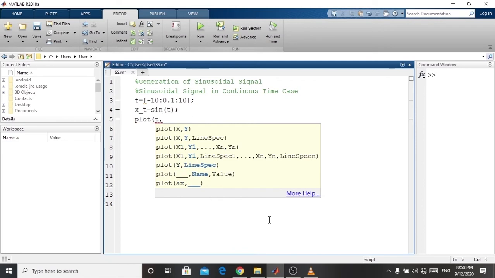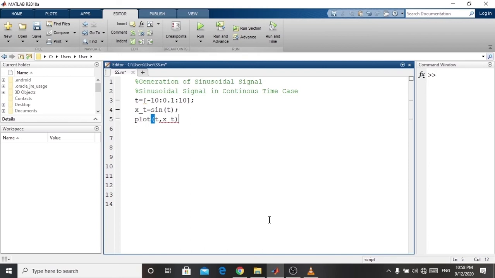X-axis is t and y-axis is x underscore t. Then let's give the title as sinusoidal signal in continuous time.